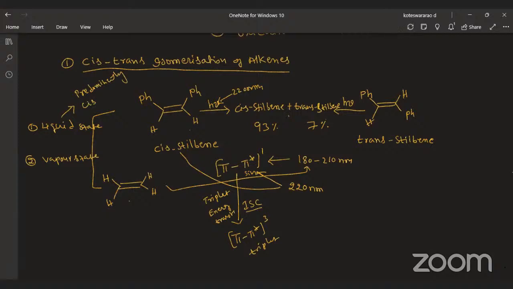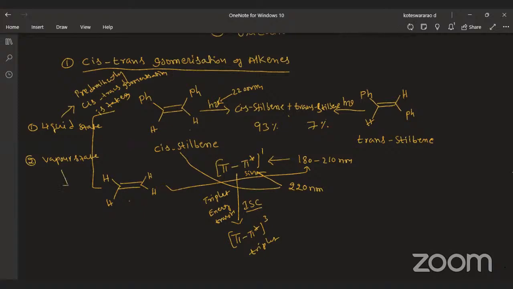Cis-trans isomerization takes place. Is my screen visible to you?